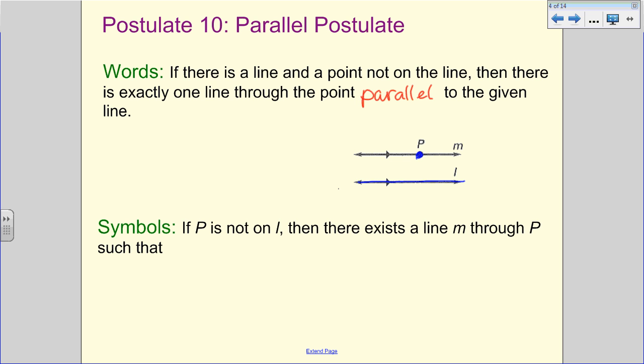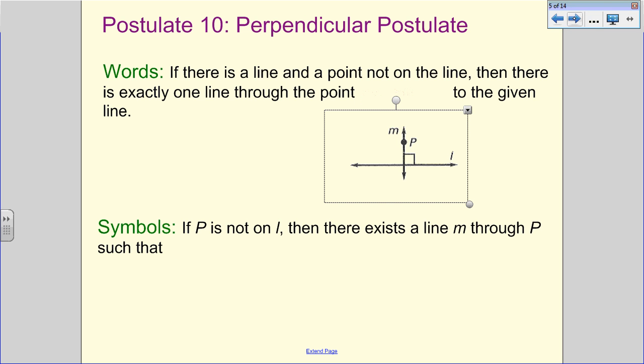So once I put point P in a spot, there's only one line I can draw through it that will be parallel to my given line M. So in symbols, if P is not on L, then there exists a line M through P such that L is parallel to M. That simply means we'll have this unique pair of parallel lines through that point P.